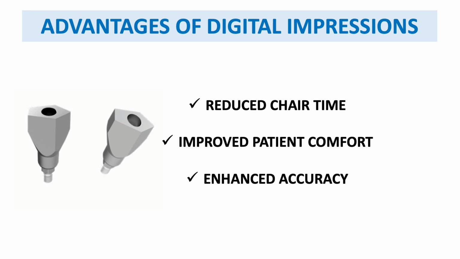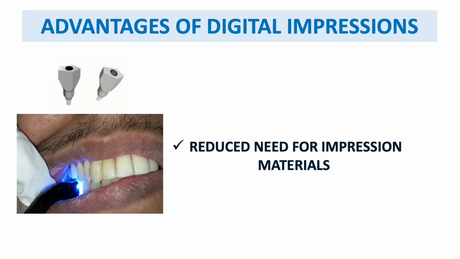Digital impression gives an accurate representation of the implant and the surrounding structure, and that is why it will provide a better fitting prosthesis. It reduces the risk of errors, as in the impression material there are chances of shrinkage and distortion. It reduces that risk, and reduces the need for impression material. As you can see in the image, no need of impression material, just scan the scan body.